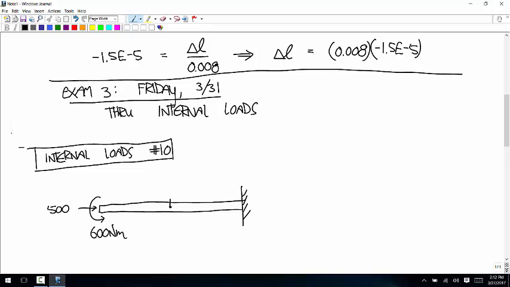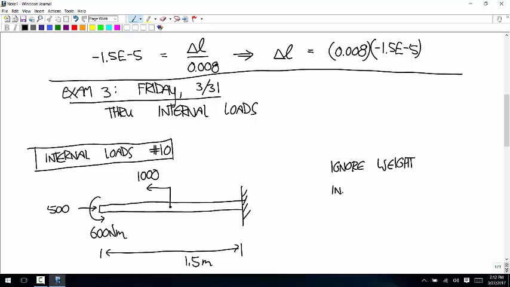And then there's a horizontal force of 1,000. Neglect the weight. It gives some cross-sectional stuff that we don't need because that's for calculating stresses. The length is 1.5 meters. We want the internal loads.